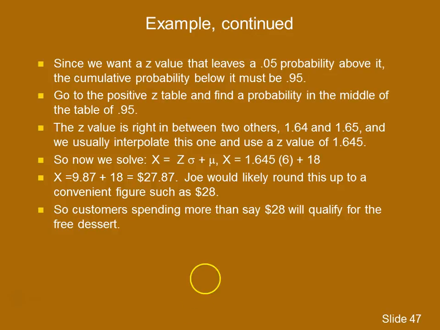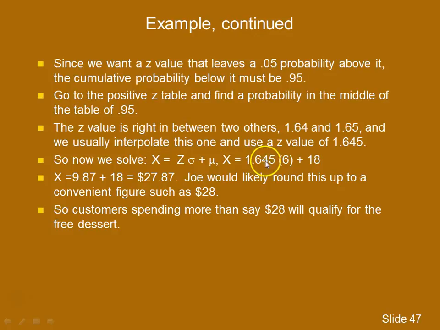You could have used 1.64 or 1.65, it wouldn't matter to me. You'll get answers close enough that'll be fine. But for this particular probability, most of the problems in your text would use a z-value of 1.645. So now we can plug everything into the equation and solve.